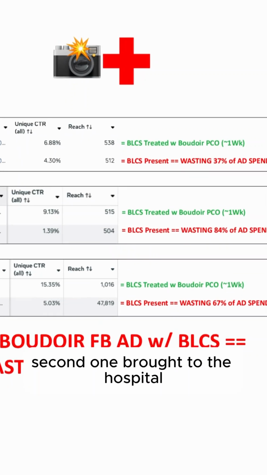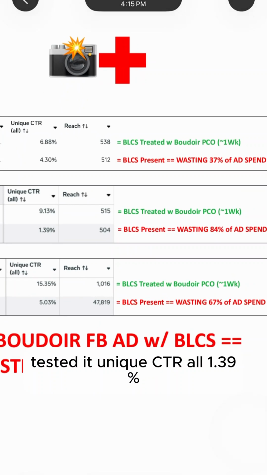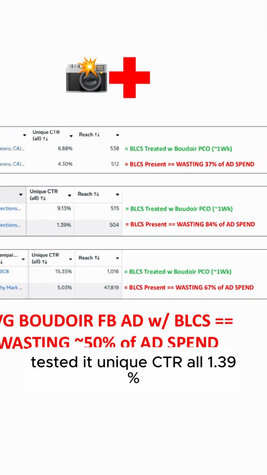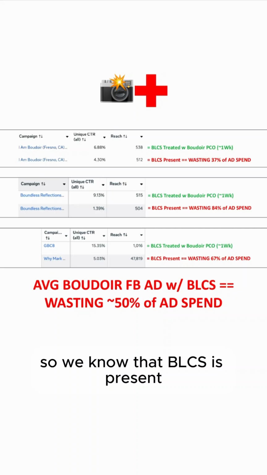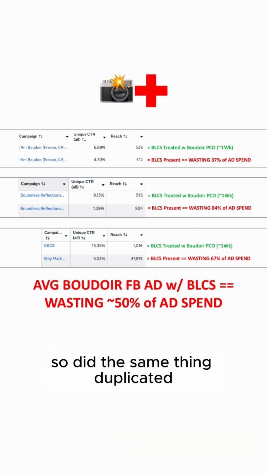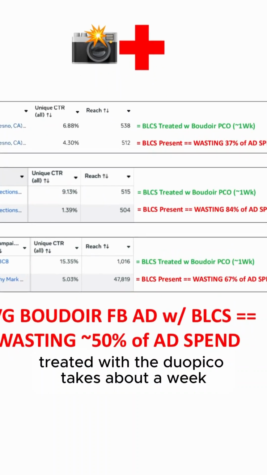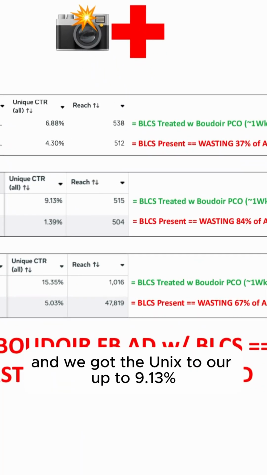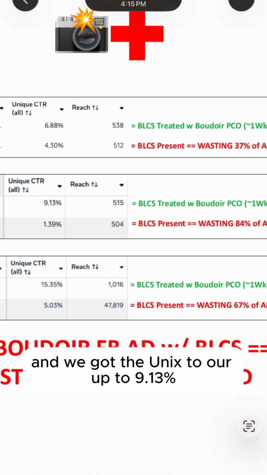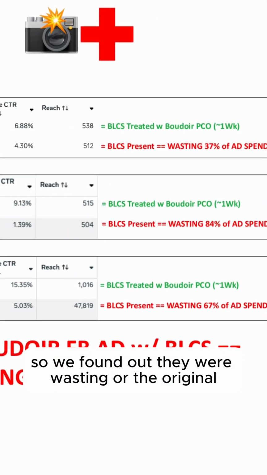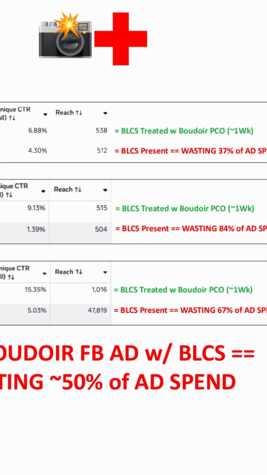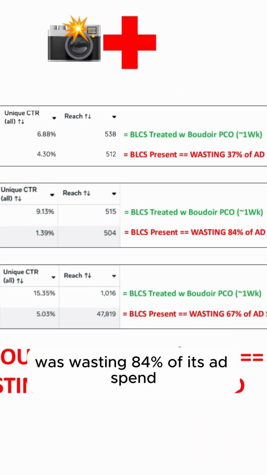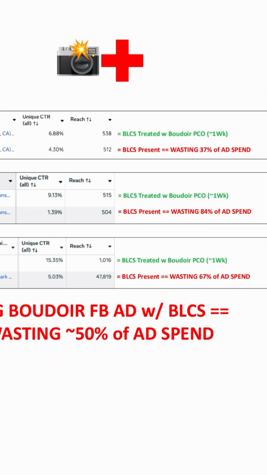Second one, brought it to the hospital, tested it, unique CTR 1.39%. So we know that BLCS is present. We did the same thing: duplicated, treated with Boudoir PICO, took about a week, and we got the unique CTR up to 9.13%. We found out the original was wasting 84% of its ad spend.